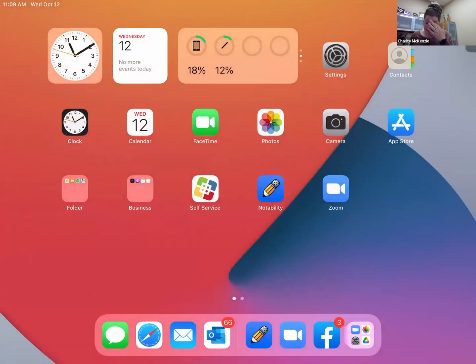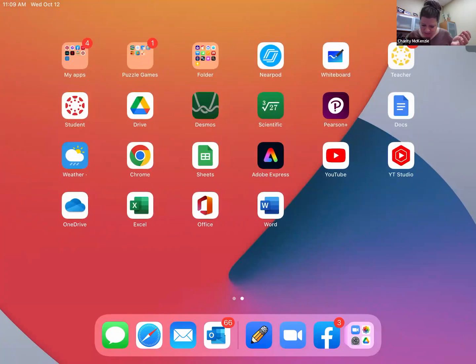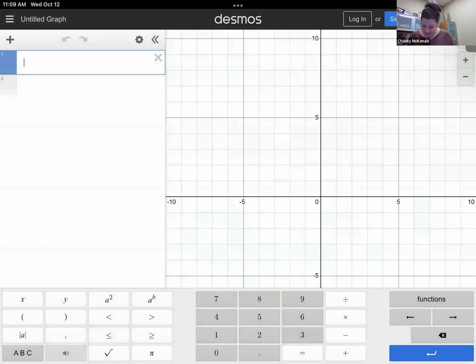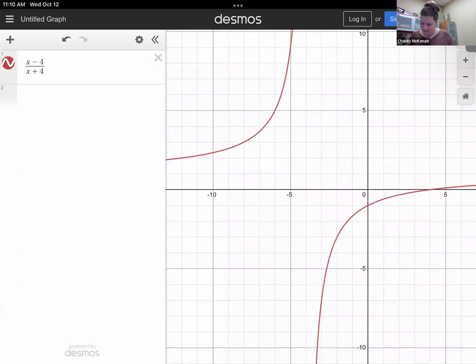Okay, let me show you what the actual graph looks like on Desmos. So I do division right off the bat, and it was x minus 4 over x plus 4. And ta-da, there's our graph. And it looks pretty similar to what we have.